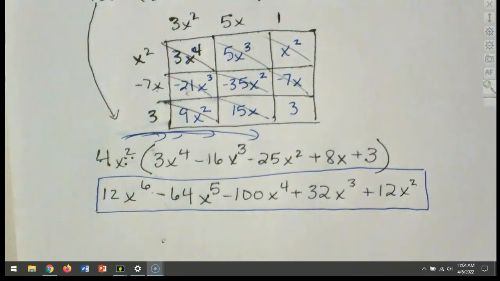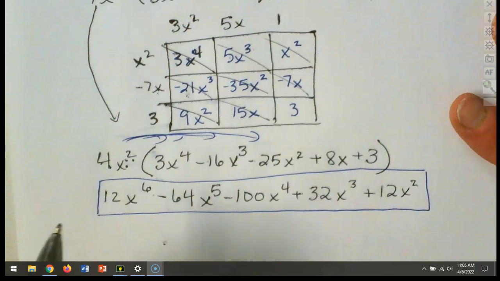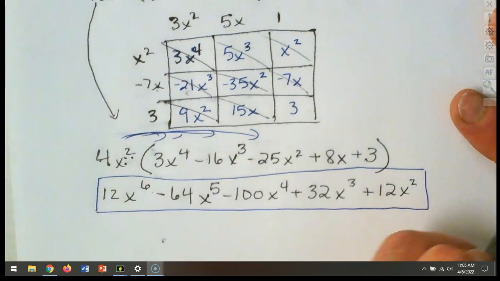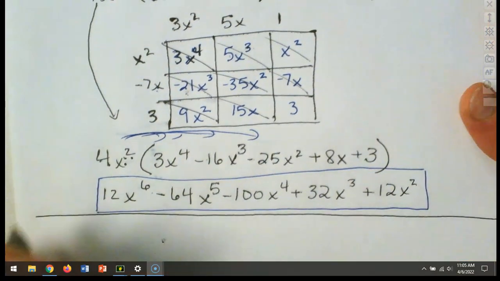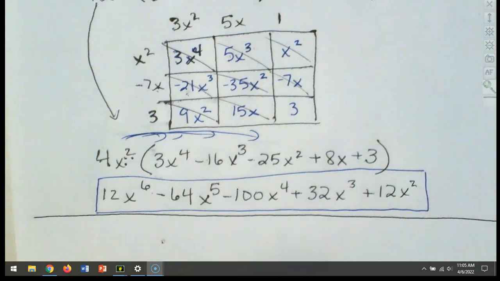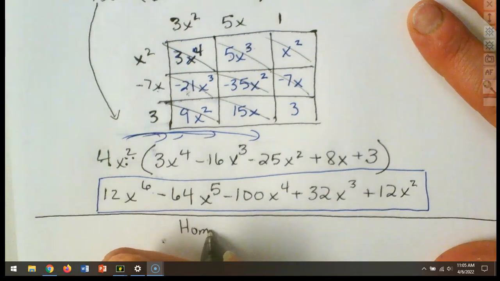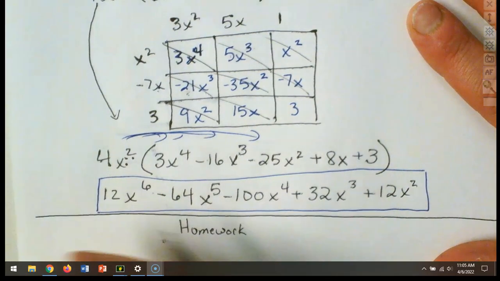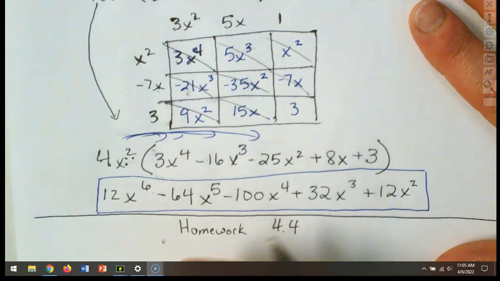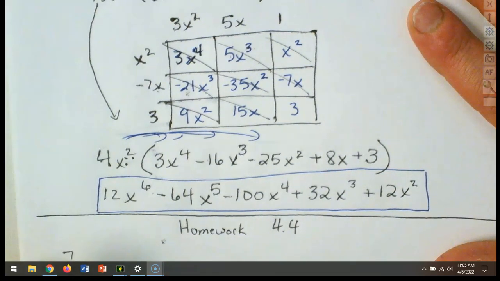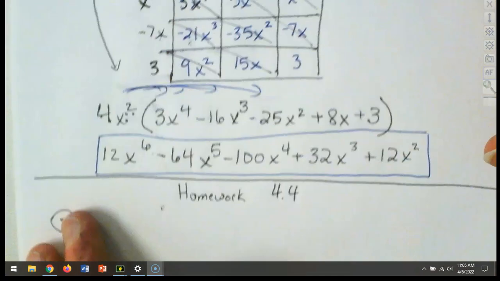Now, just to make sure we understand how to do one of these questions from the homework, I'm going to look at question 7. It's a very, very easy question. But this is a question that students sometimes look at and try to overanalyze.